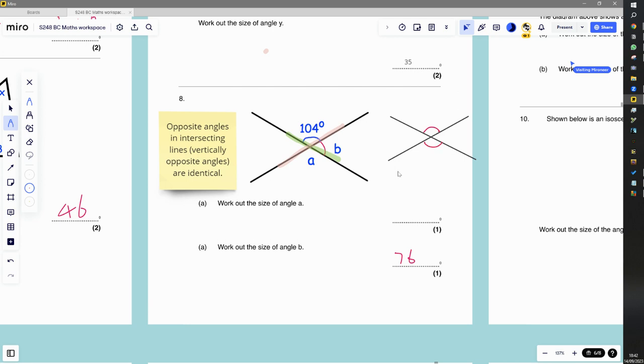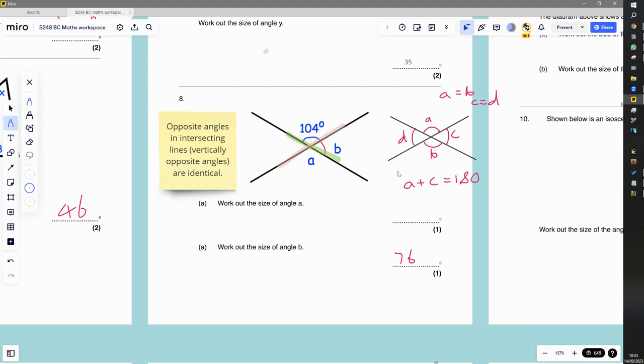Well, if we say that that's A and that's B, and this one is C and this one is D, we're trying to prove that A is equal to B and that C is equal to D. Well, we can prove it by applying the fact that A plus C is equal to 180 degrees.